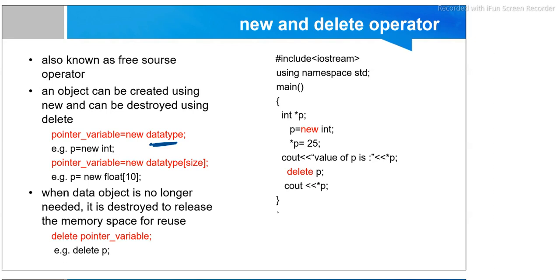So int-size memory will be created and allocated to p, which is the pointer variable here. Similarly, if we are creating an array, we write: pointer variable equal to new data type, then in square brackets we mention the size. For example, p equal to new float[10]. That means we will create an array containing float type values for 10 spaces, and at the p address this new memory will be created. So this is all about the syntax of the new operator.